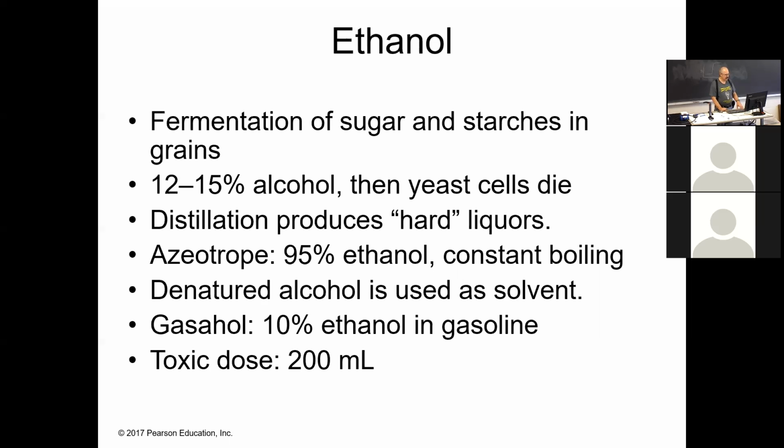The resulting material in the distillation container contains a little bit of benzene, so it's unsuitable for beverage, but it can be used as a fuel.